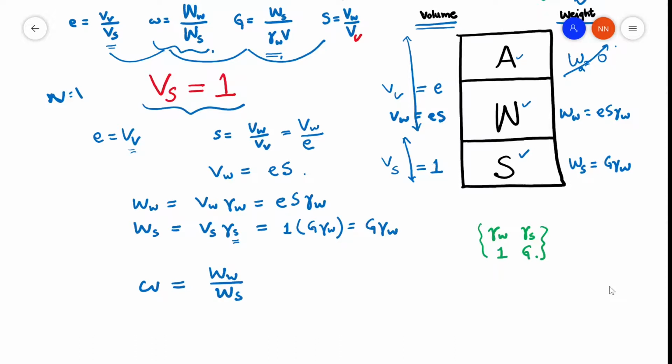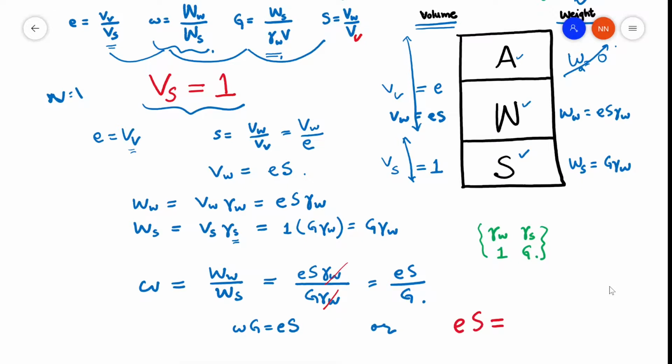So dividing these two, we have ES gamma W over G gamma W. Now this gamma W cancels out and we are left with ES over G. Rearranging these terms, we get W times G equal to ES, or ES equals GW, which is a very, very important relationship which we'll be using all the way in soil behavior and soil mechanics.